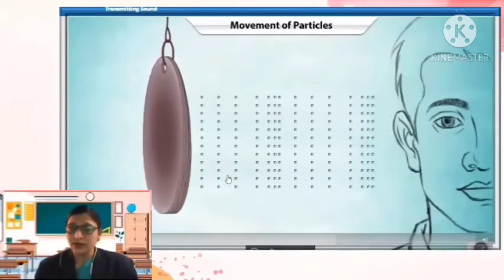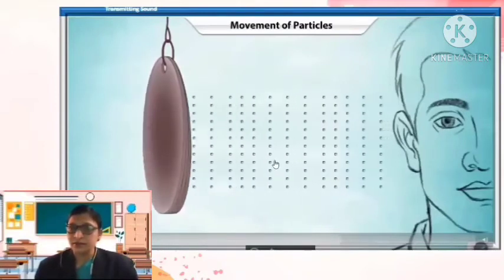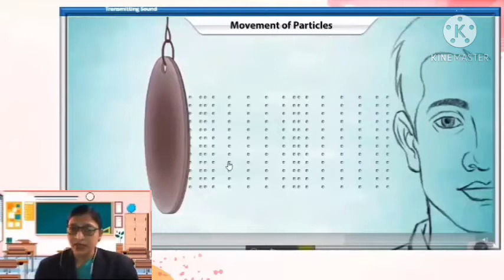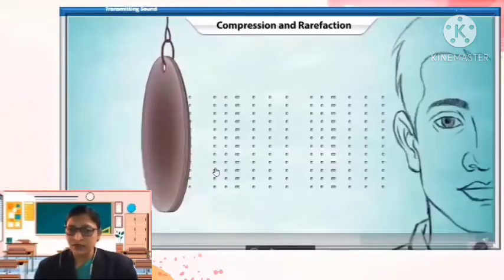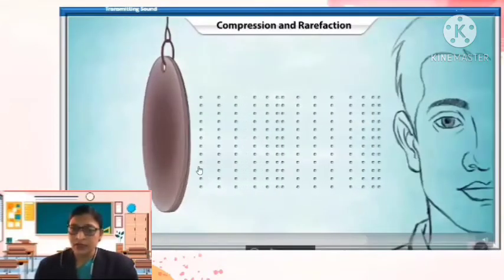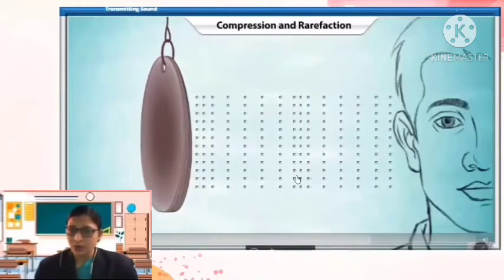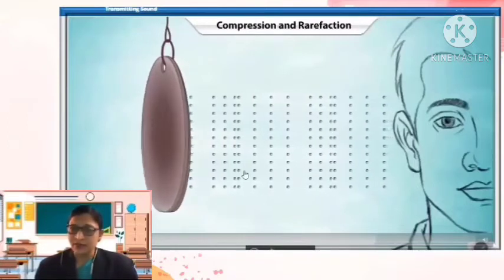Here, actually particles are not reaching your ears, but they are making a to-and-fro movement. From their mean position, they slightly move forward and backward. And the sound propagates. Particles remain there only.